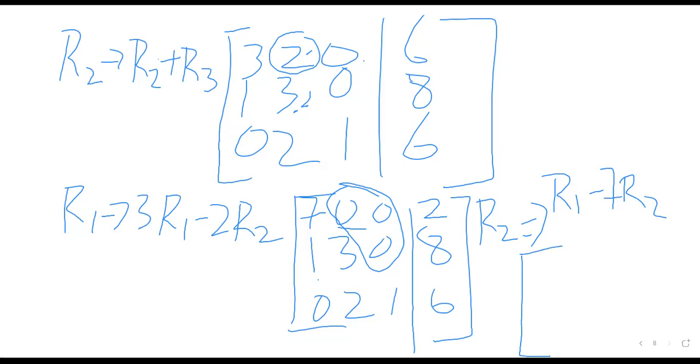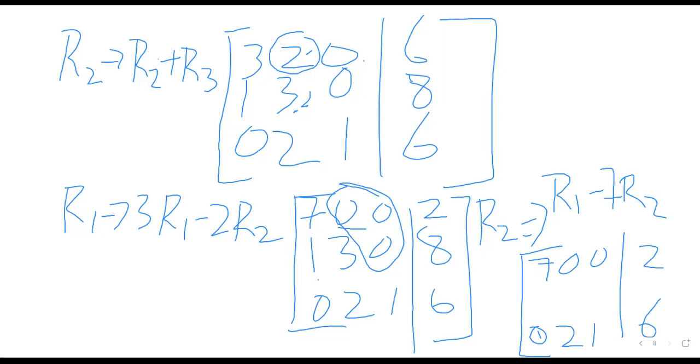I'm working for row 2. So let me put row 1 down, 7 0 0 2, and then put row 3, 0 2 1 3.